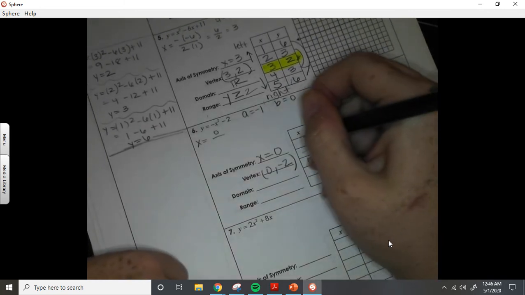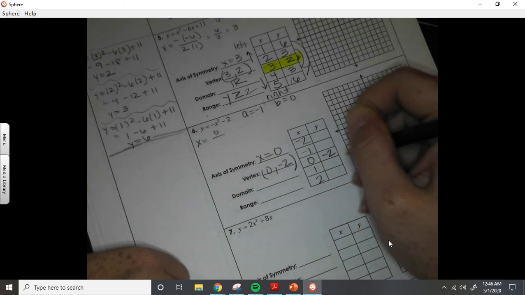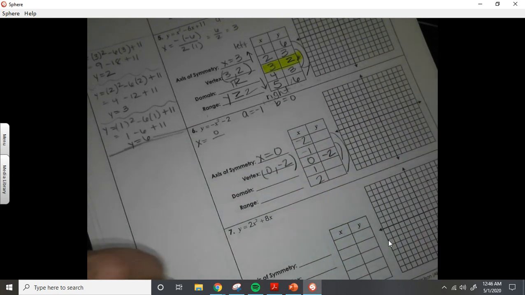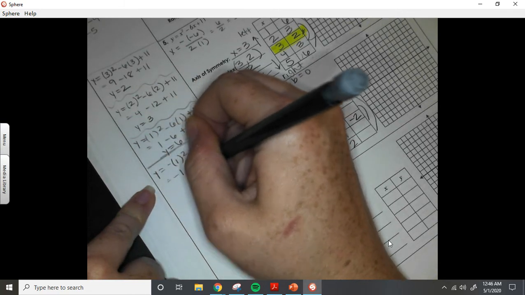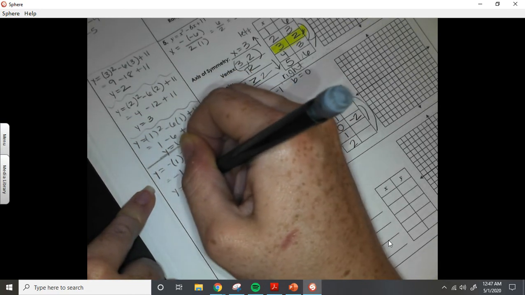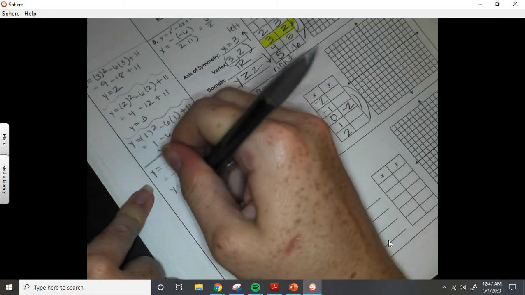We're going to go 2 to the left and 2 to the right, but we only have to plug in 2 numbers. So let's do it. Y equals -1 squared minus 2. Well, -1 minus 2, y is equal to -3.